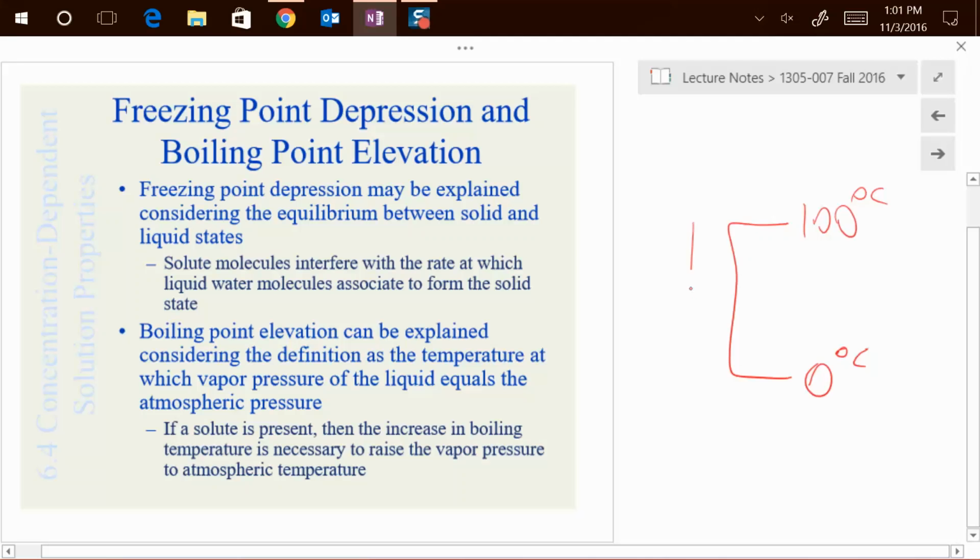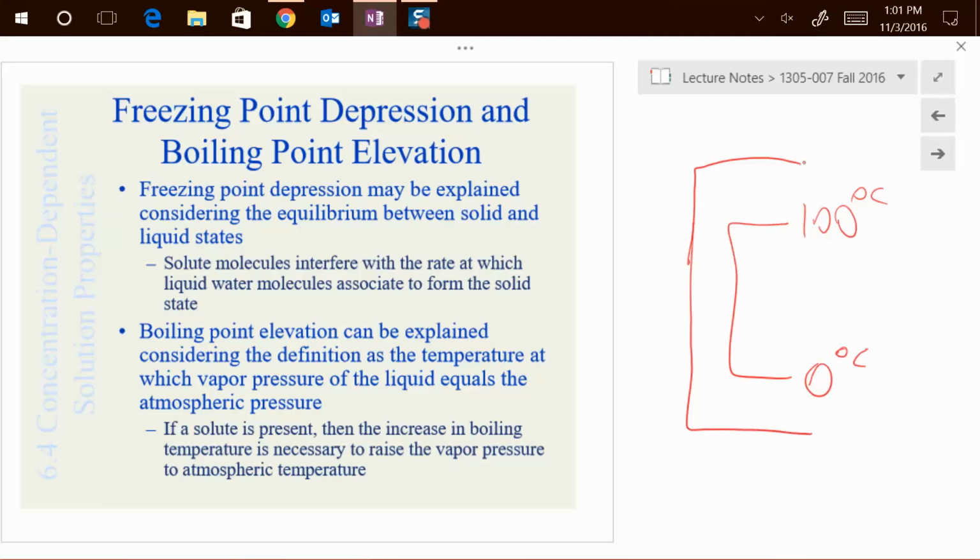Adding a solute causes a depression in the freezing point and an elevation in the boiling point. So now instead of boiling at 100, it boils at 100.52 degrees Celsius. Or instead of freezing at 0, it freezes at negative 1.25 degrees Celsius. So it will depress or it will elevate.